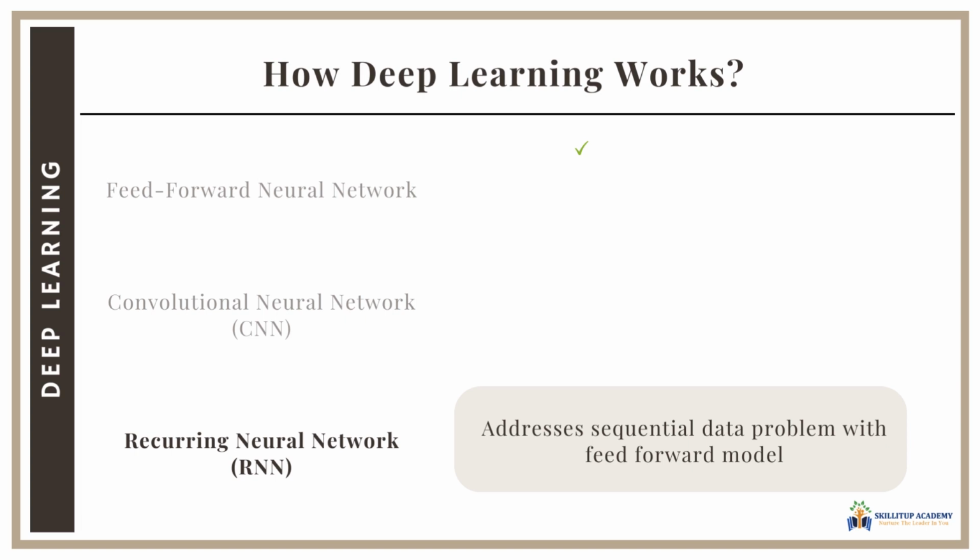This means if the output was dependent on the previous data, it's not going to be the right network to choose. For example, the data involved in weather prediction is considered as sequential data. The weather prediction for the next 2 days may rely on the past week's data as well. Feed forward network is not going to help here because it would not store the past data within the network.